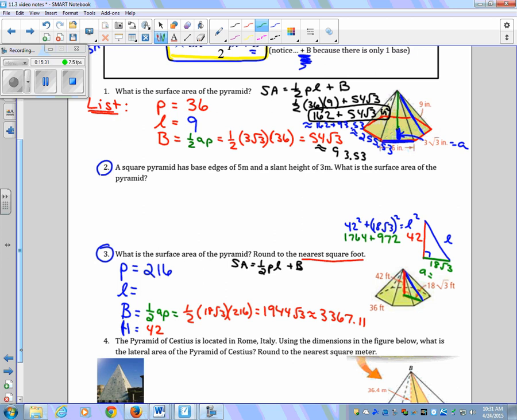When we add these two numbers together, we get 2736 equals L squared. So L is the square root of 2736. And that's 52.31. So the slant height is 52.31.